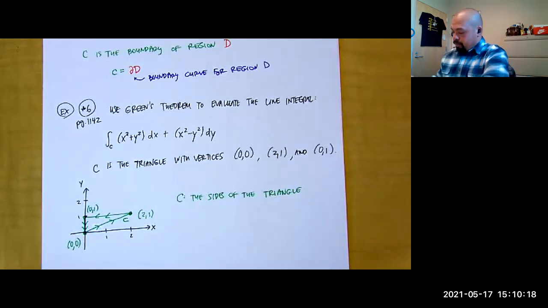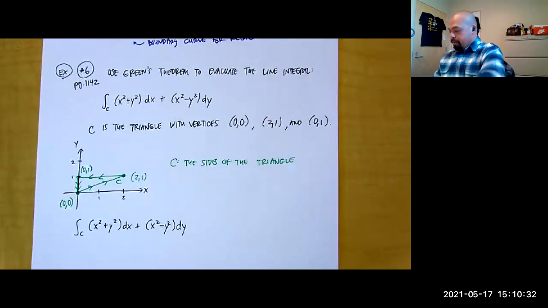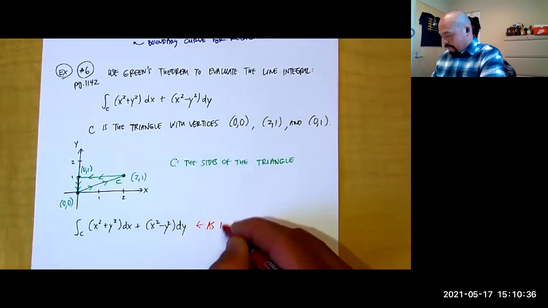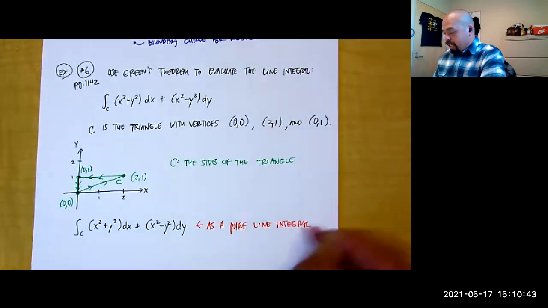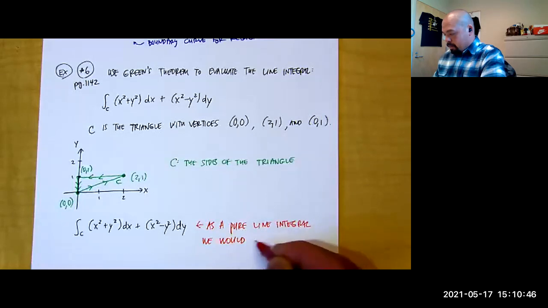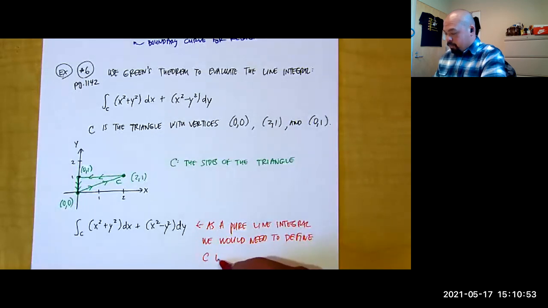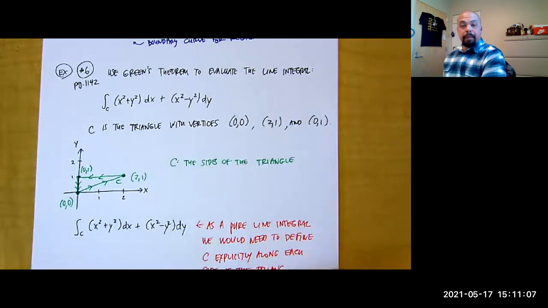So if we were looking at this line integral and computing it as a pure line integral, handling it in that manner, we would need to define that curve C explicitly along each side of the triangle, right?